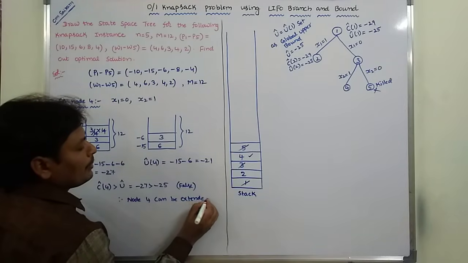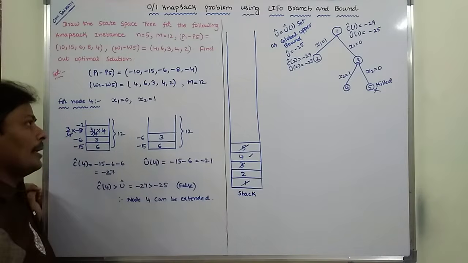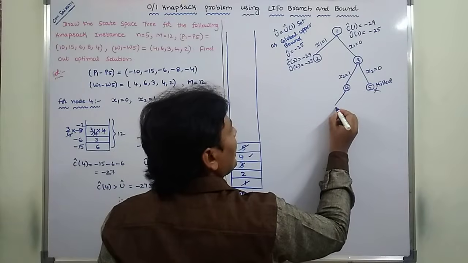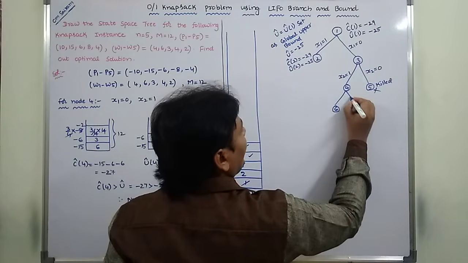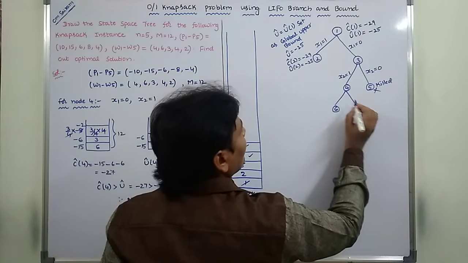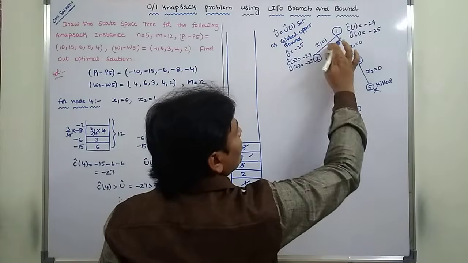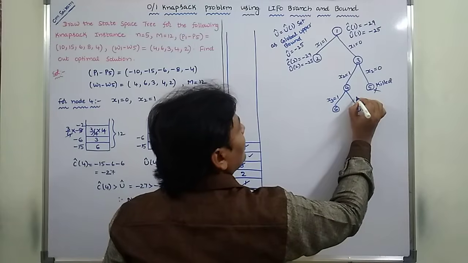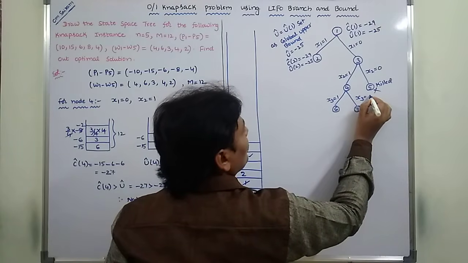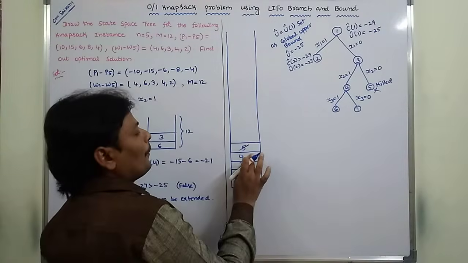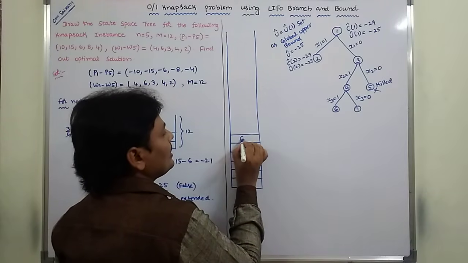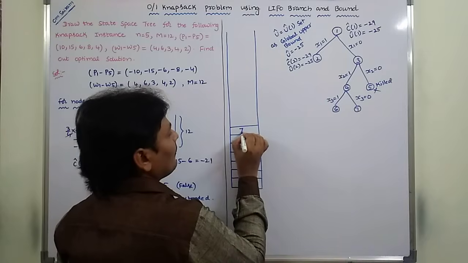Taking its children, the left child is 6 and the right child is 7, by taking x1 completed, x2 completed, x3 equal to 1 and x3 equal to 0. Now pop out 4 by inserting its adjacent nodes 6 and 7.